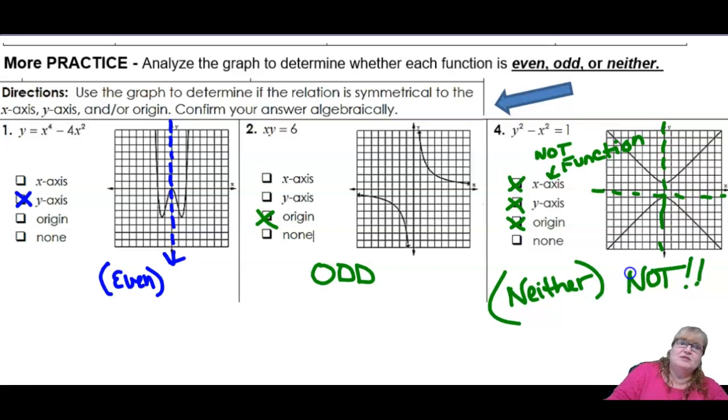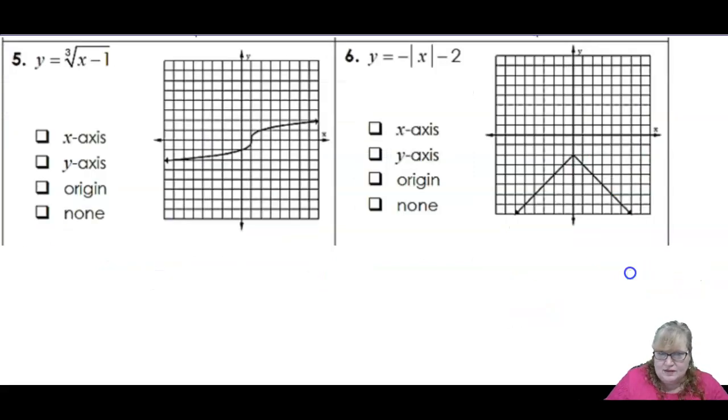Okay, so can I have symmetry and still not be even or odd? This one, if this was going through the origin, it would be odd. I think we could spin it 180, but it's not going through the origin. If I fold it across the x, this piece is going to come down here. This piece is going to go up here. It's not going to match up.